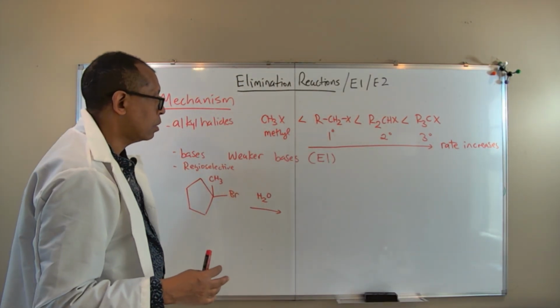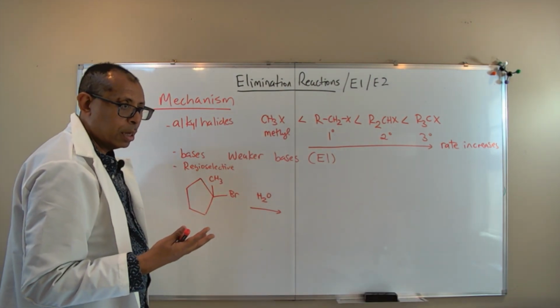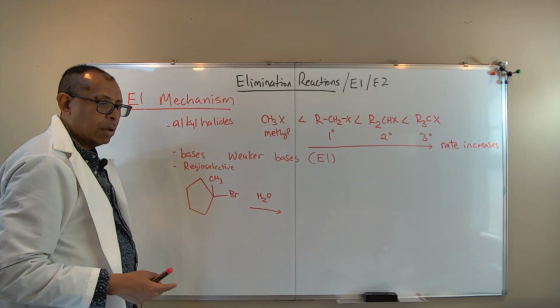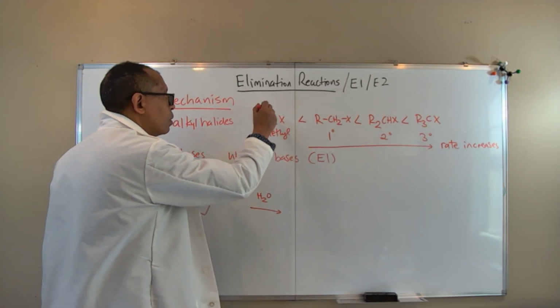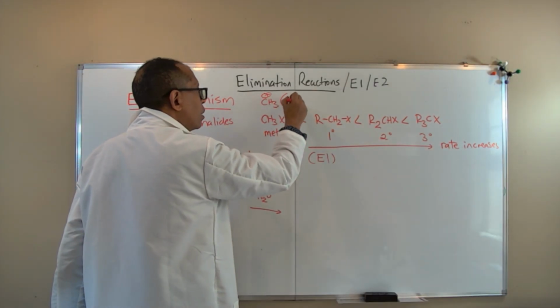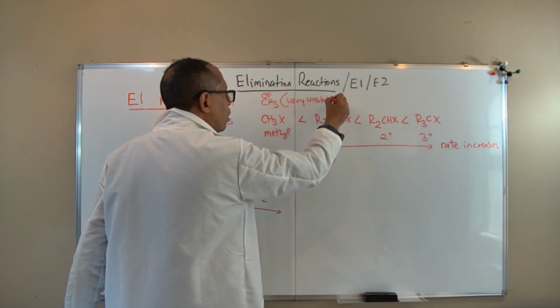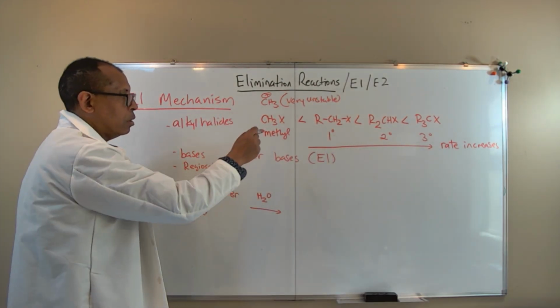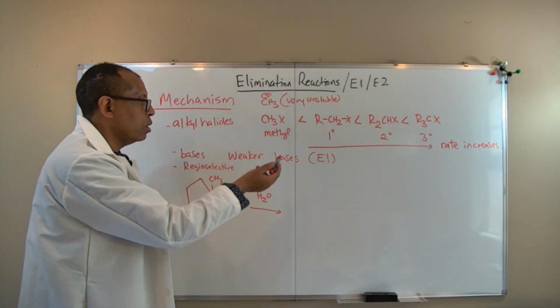So methyl halides don't undergo the E1 mechanism because you cannot form a methyl carbocation. The CH3 carbocation is very unstable. It doesn't form. As you see, the E1 mechanism needs carbocation formation.